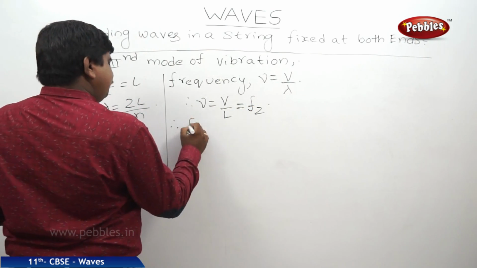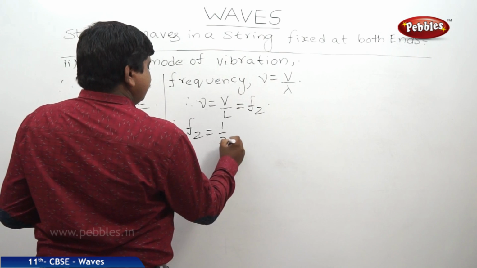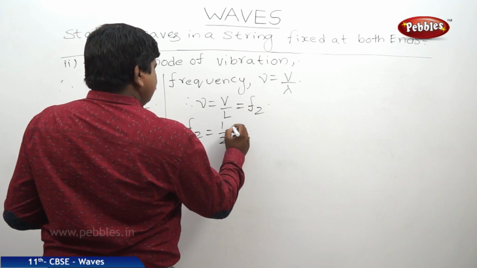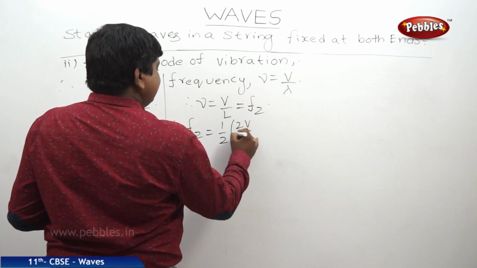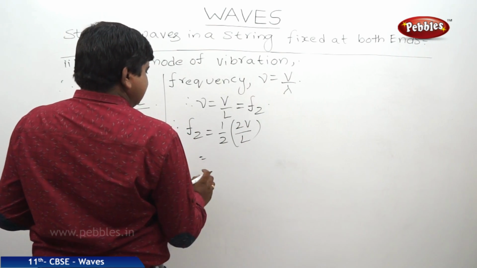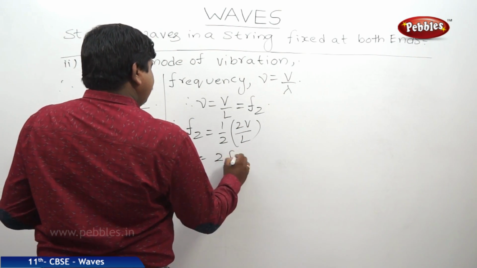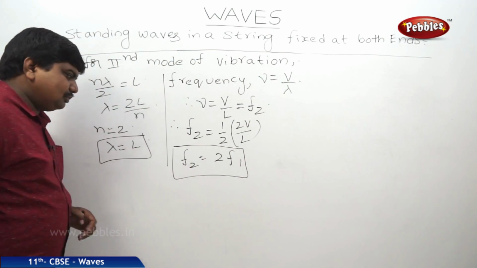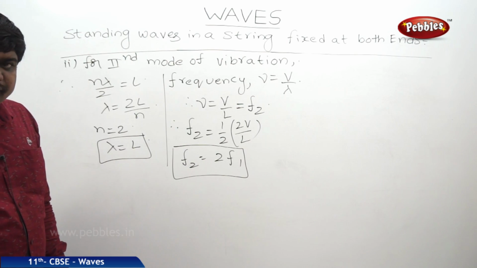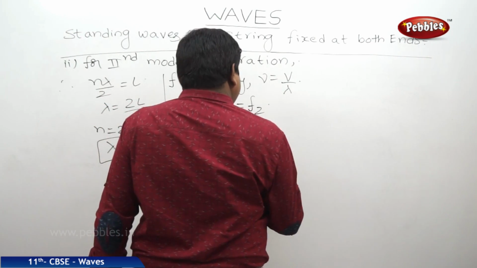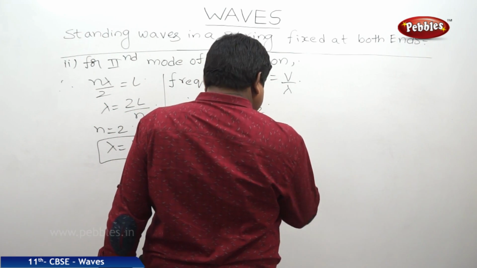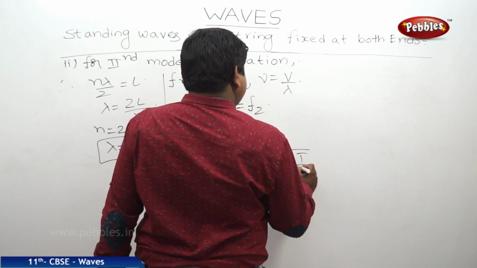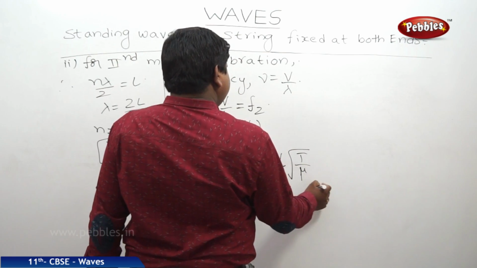We can write F2 is equal to 1 by 2 into 2V by L. Therefore it is 2F1, that is 2 into V by 2L into square root of T by mu.